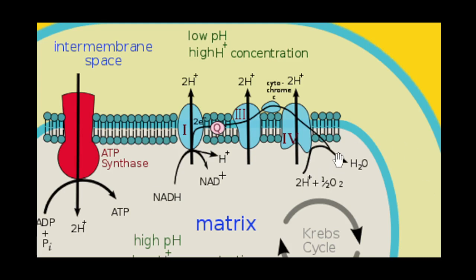Oxygen is the final electron acceptor, but in photosynthesis it's the opposite because oxygen is produced. Because oxygen accepts an electron, it results in the product H2O, or water. That's the case for NADH.